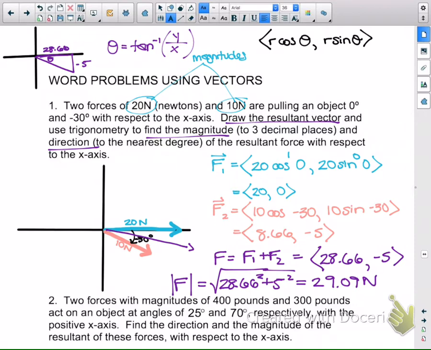Opposite and adjacent, right? If I have opposite and adjacent, which of my three trig functions do I set up? Tangent. So that's why it's set up like that, because y is the opposite and x is the adjacent. So you do the inverse tangent to find it. So using what we just had here, here's my x of my component, here's my y of my component. To find the angle, I'm going to do the inverse tangent of what over what?